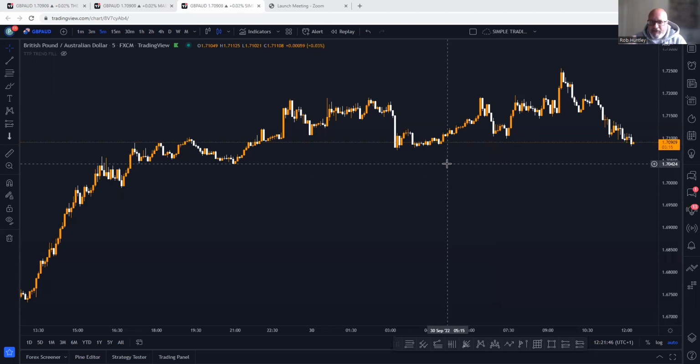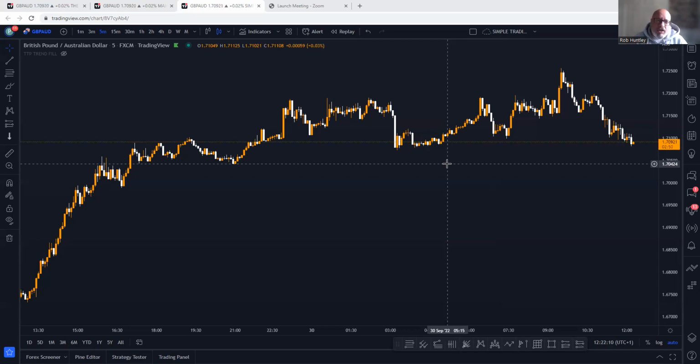And if you have the standard default green and red candles, sometimes when the bearish candles are red you're thinking, oh my god, everything's going against me, whereas if you have them a different color, then it doesn't affect your mind quite as much. At least that was the intention, and it certainly worked for me.